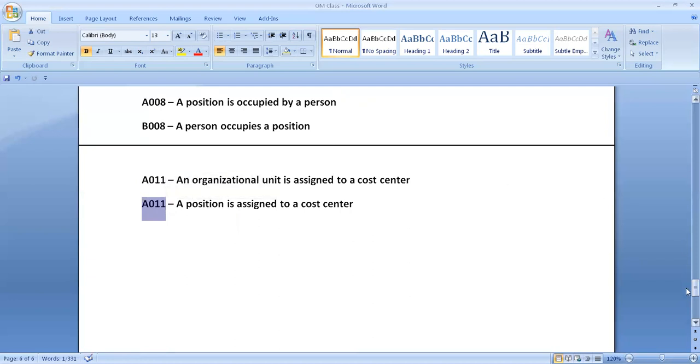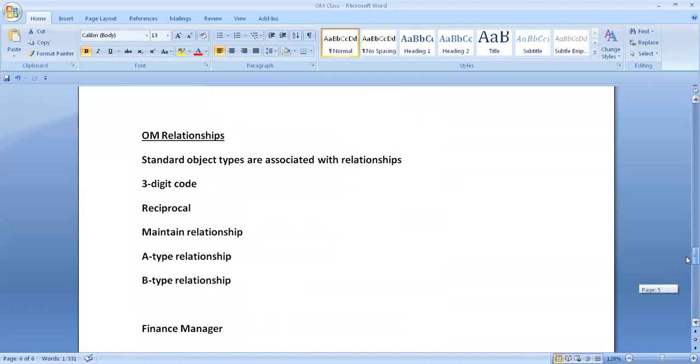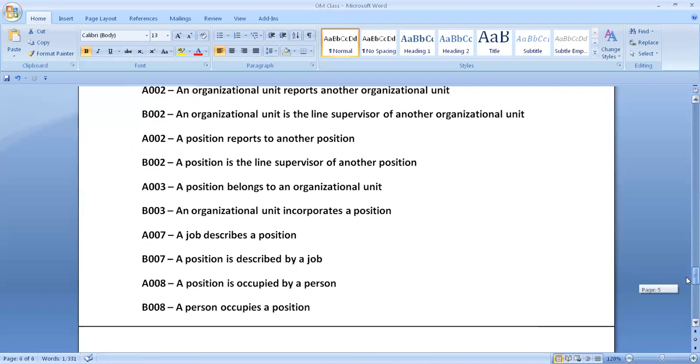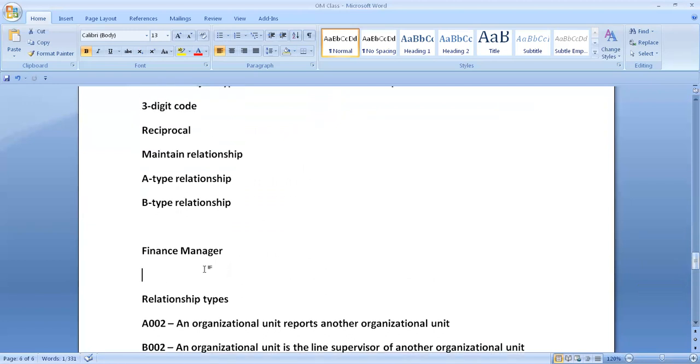We talked about reciprocal relationships.